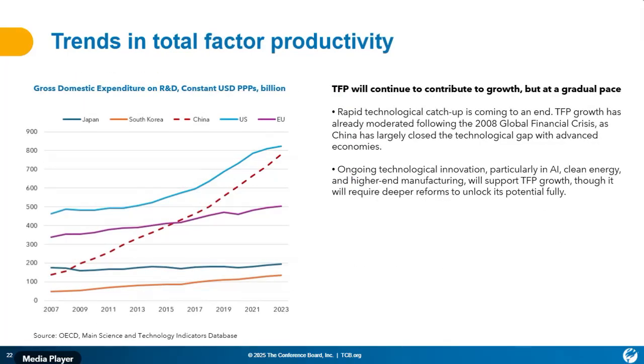And total factor productivity for it to really improve will require the government stepping back a little bit from policy making and management of the economy and letting the private sector play a stronger role in driving market-based competition, so that these R&D dollars that you see in the chart at the left, where China's R&D is increasing at a very significant level, can actually be put to use in the most productive way.